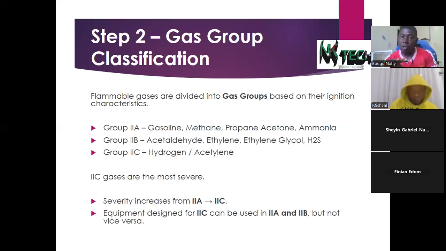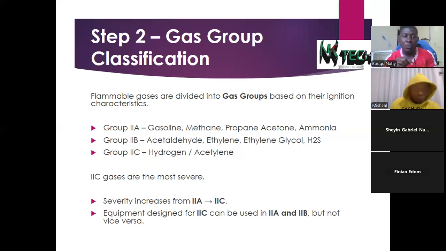If you go to any plant and look at their equipment, their transmitters or their pumps, you're going to see something written II, then a value there: IIA, IIB, IIC. This tells you the kind of gases we have in our region.